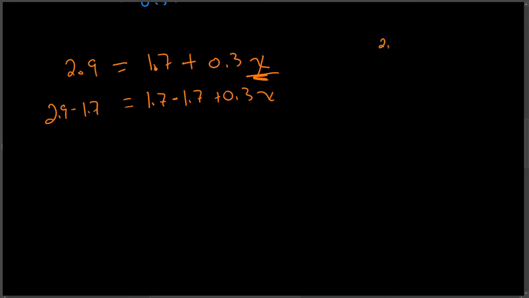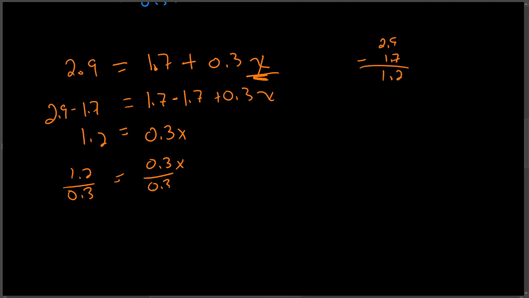So I'll come over here and I'll do my subtraction. So I get 1.2. And these cancel out because we did that on purpose to get rid of it. And now I want to do a division of whatever coefficient is in front of x.